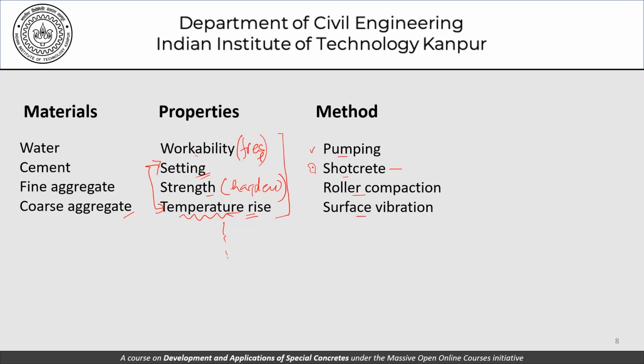Similarly with roller compaction, similarly with surface vibration, there are constraints, there are special requirements that are imposed on materials. One thing I would also like to point out is that when you say, okay, we need this property or that property, it's always important to emphasize and always prescribe what is the property that you want and what is the quantitative method of evaluating it.